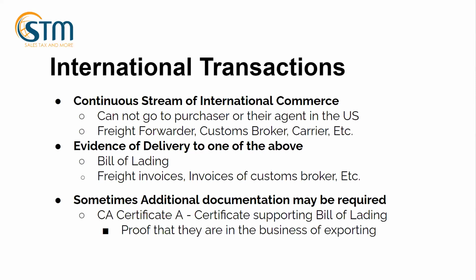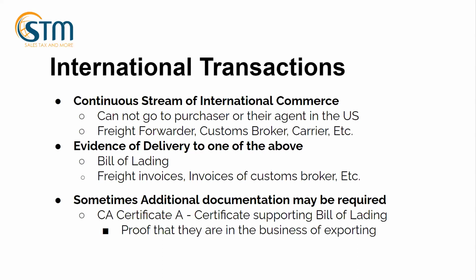Freight invoices of a customs broker, things like that can work. The proof that it was actually imported into a foreign country will work. So there are a number of things that can work, but the most common and easiest is a bill of lading. And you have to document it.